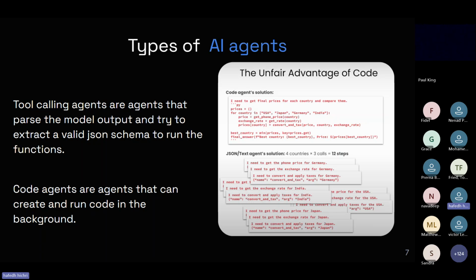But on another note, you should also note that there is an issue here. With code agents, for example, if you have a malicious prompt or something broken in the model, it can run malicious code on your machine.